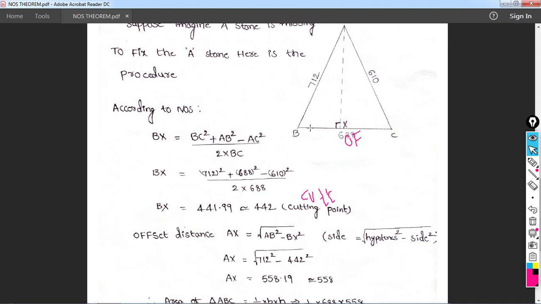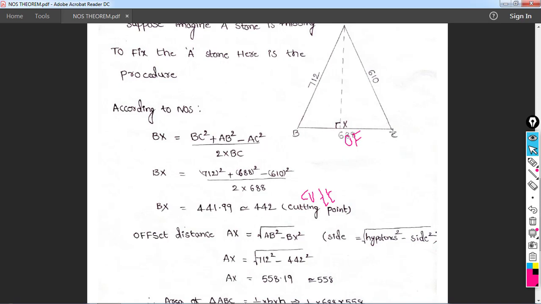we need to run the chain from B to C with a length of BX equal to 442. At 442 links we need to keep the cross staff at X, and see that the B point and C point are in line.